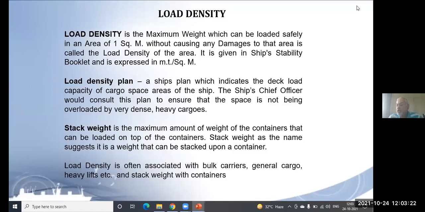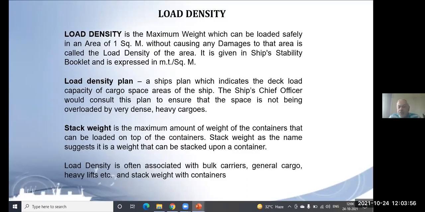When cargo bookings come on the ship, that means how much cargo is to be loaded, how it will be loaded, which space will be given to that cargo, which is the next port of discharge, which load line zones the ship is going through, how much cargo to load, where to load, how to load, and what equipment is required.